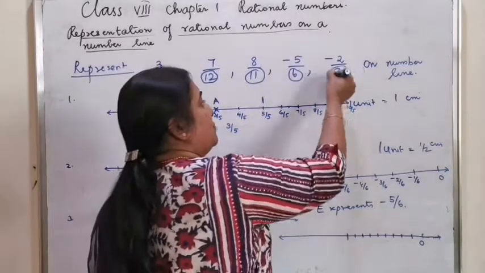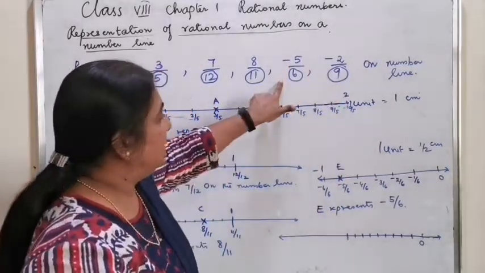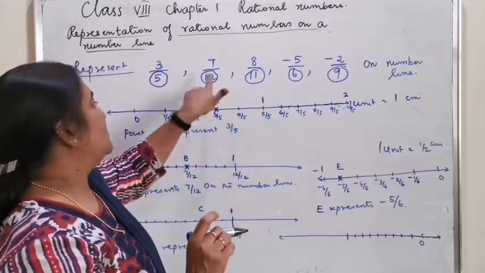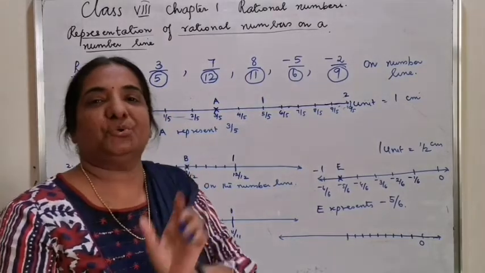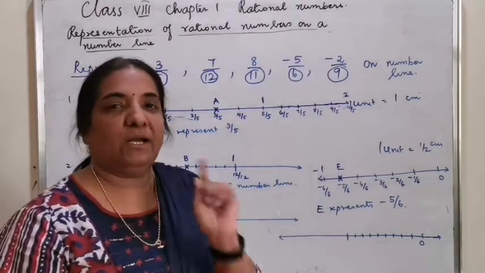Remember that you should reach till 9 by 9, 1. Till 6 by 6, 1. 11 by 11, 1. 12 by 12, 1. 5 by 5, 1.